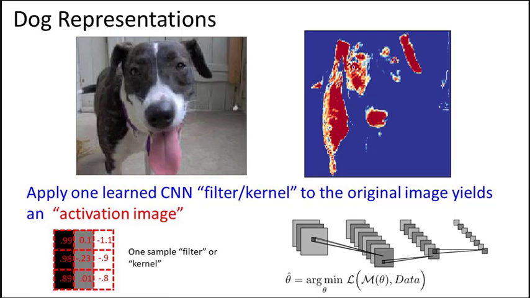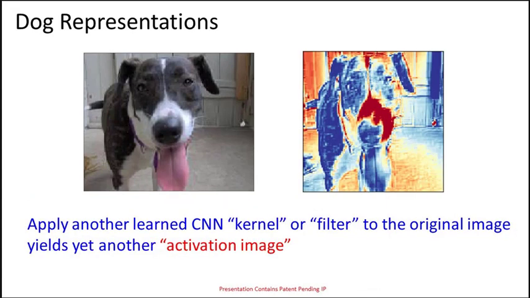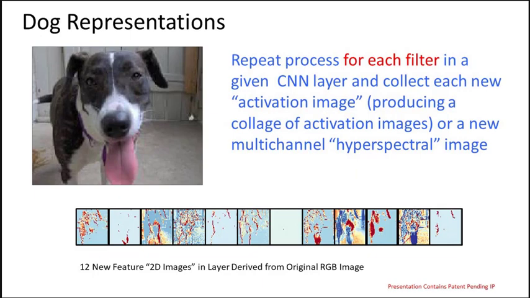And you make this thing called an activation image. But you don't just do that for one filter or one kernel. You estimate a really high-dimensional model. You estimate a lot of filters and a lot of kernels. So here's the result of using another filter applied to the same image, and you get a very different activation image. And so that's the name of the game here. You estimate a huge number of kernels in the first layer, apply it to the input. You get one image for each kernel, an activation image, and this represents about 12 activation images shown here.